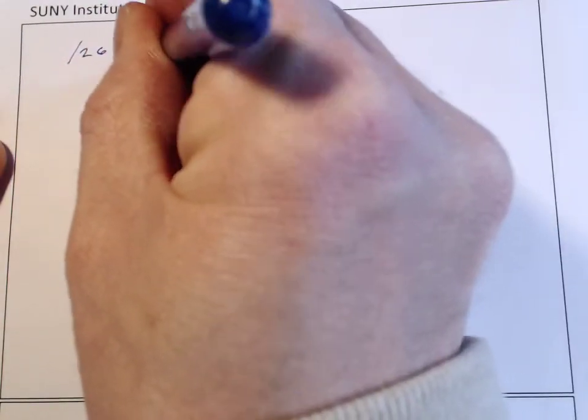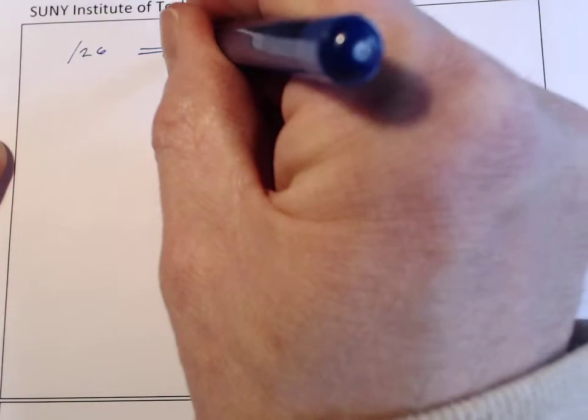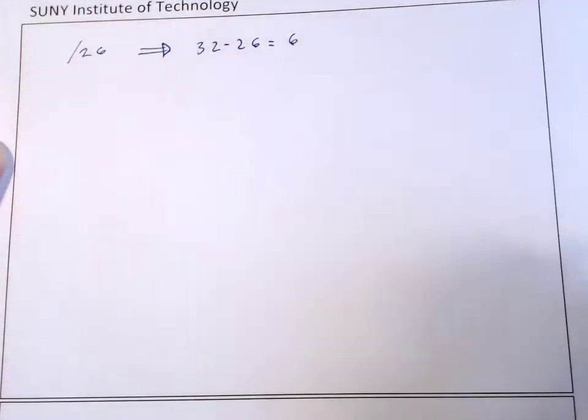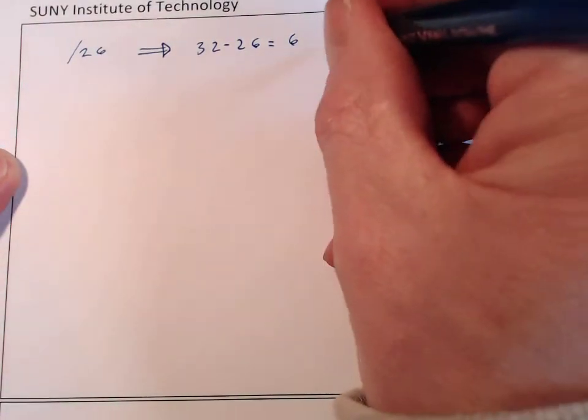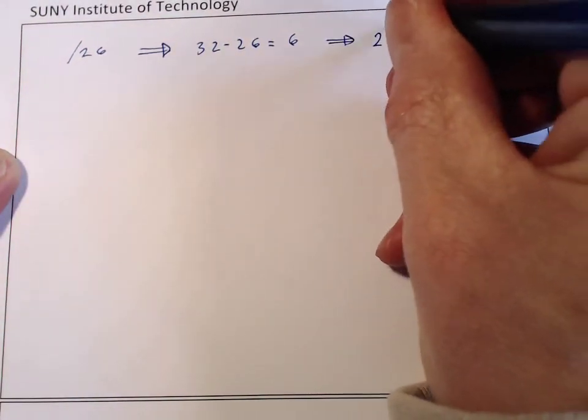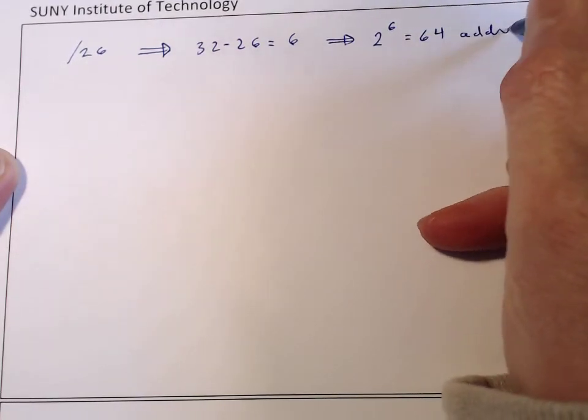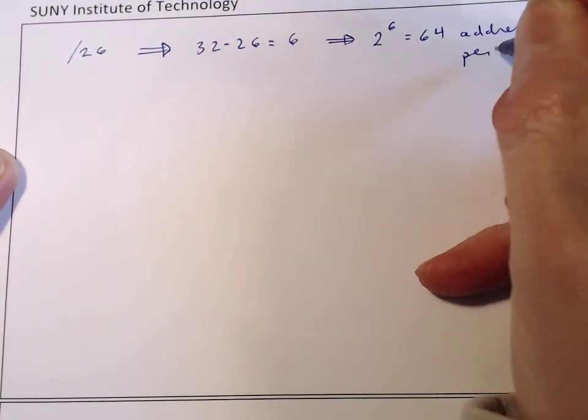If we have a /26, that implies that, well, 32 minus 26 is 6. And therefore, we have 2 to the 6th, or 64 addresses per subnet.